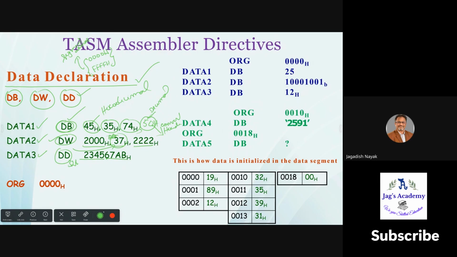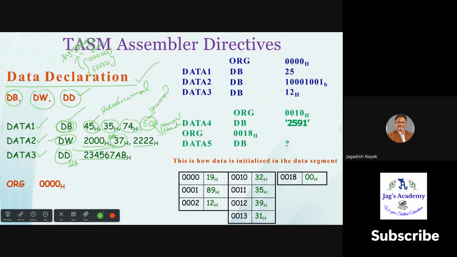Right. So, for example, the data segment. If I take a data segment, there will be a segment address, right? The segment address also varies from 00000 to FFFFFH. That means whenever data is declared, it is saved in the data segment with this particular segment address.